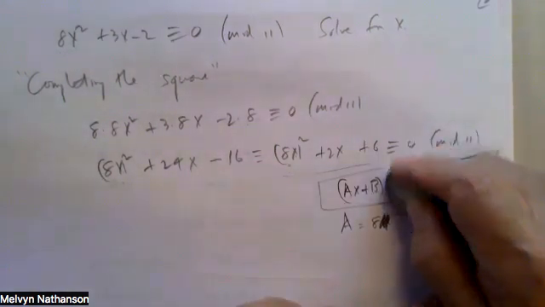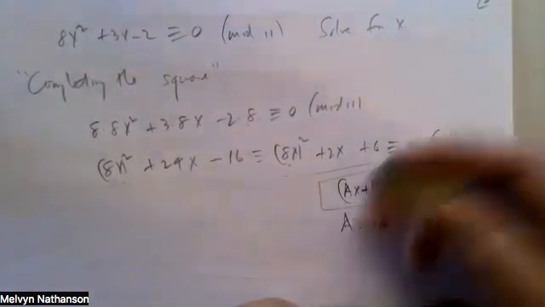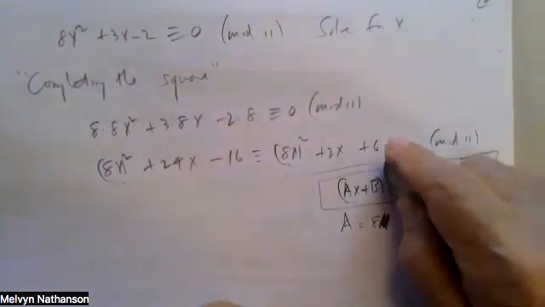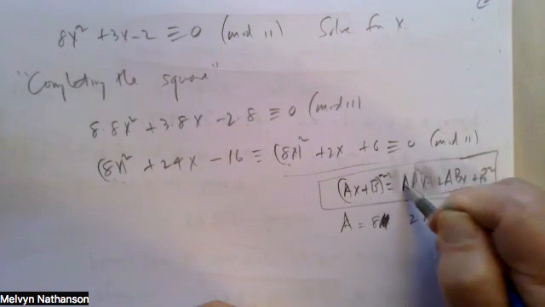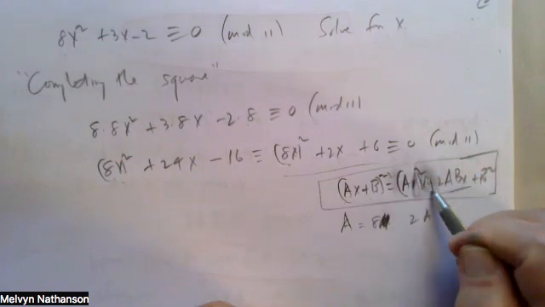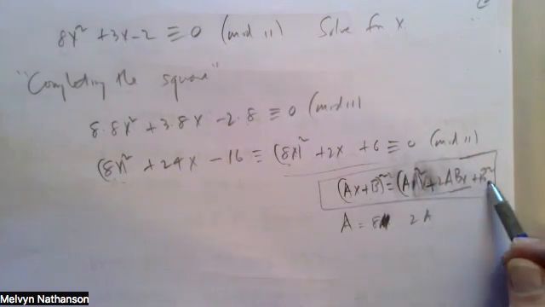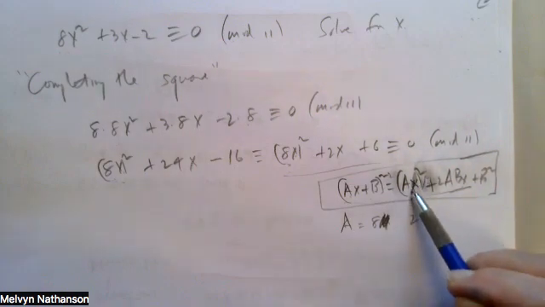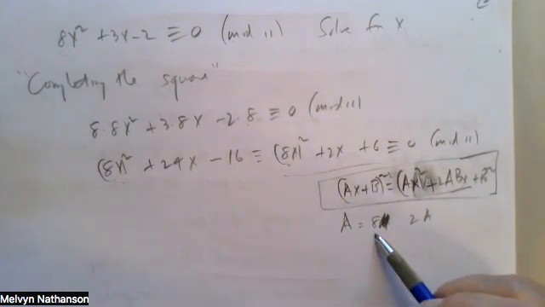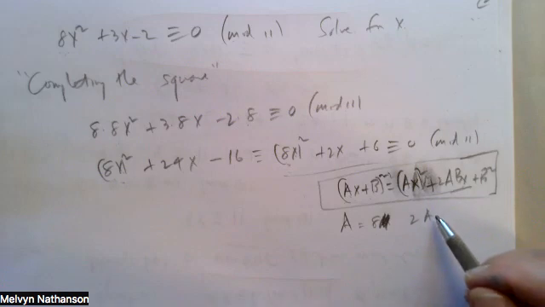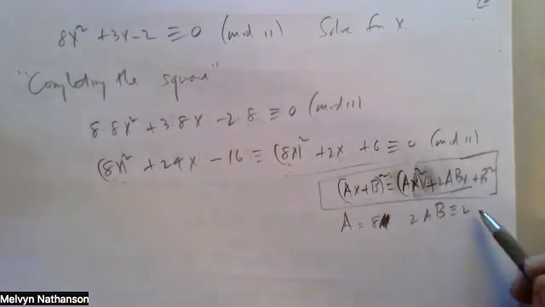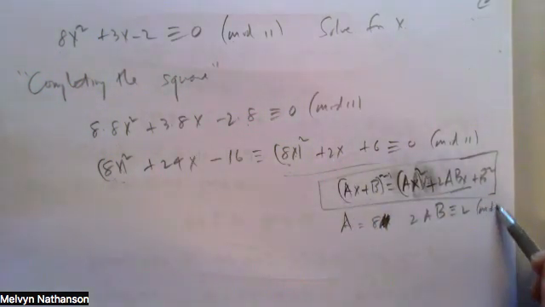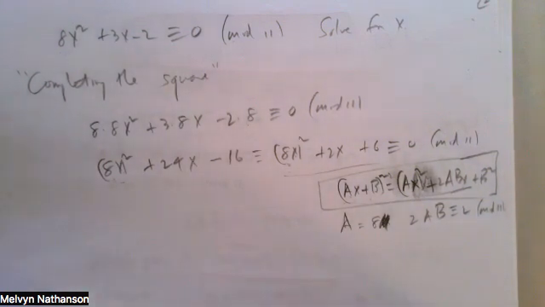Just to do this a little more neatly, when you square ax plus b, you get the square of the first term, plus 2abx plus b squared. So here ax is 8x, and I want to choose a b such that I have 2ab congruent to 2 mod 11.